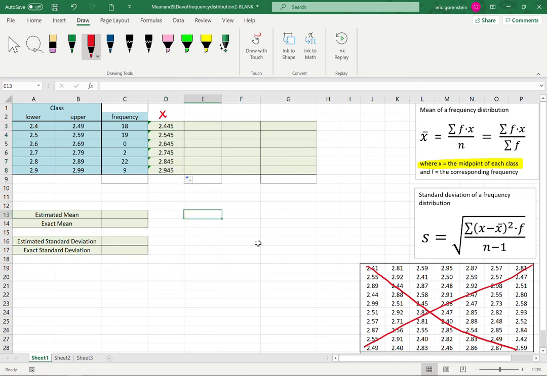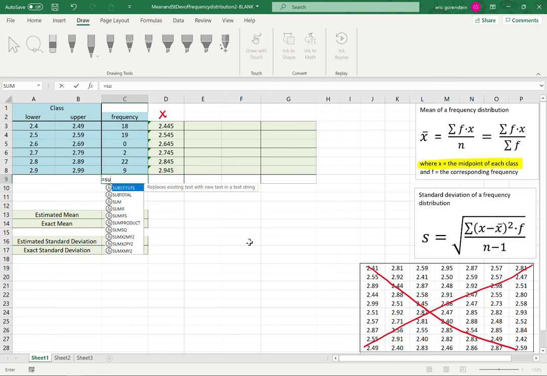Okay, so what I have here are the midpoints of each class. So those are going to be our estimated x values. Now, how many numbers do we have? Well, we're going to add up the frequencies. So we use the sum function for that, equal SUM, and then I'll select the values that I want to add up. So that's C3 through C8.